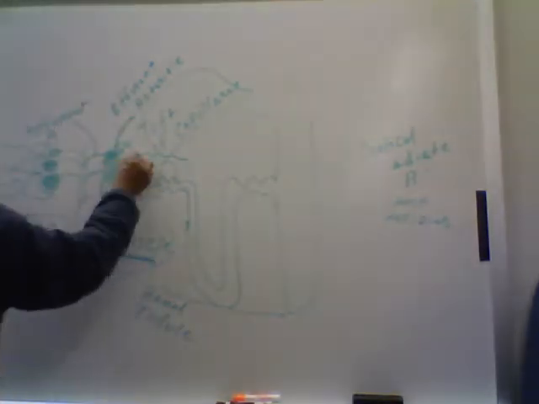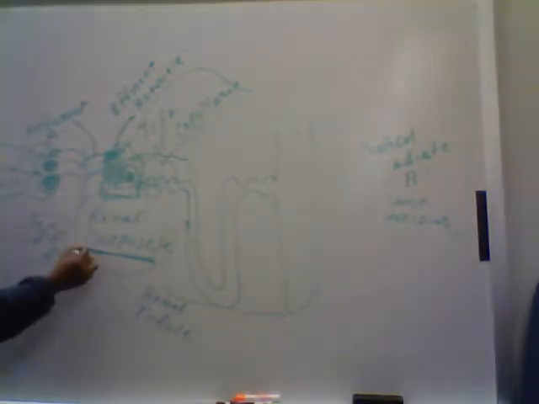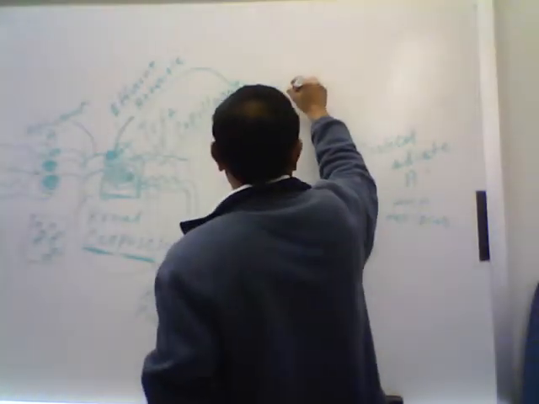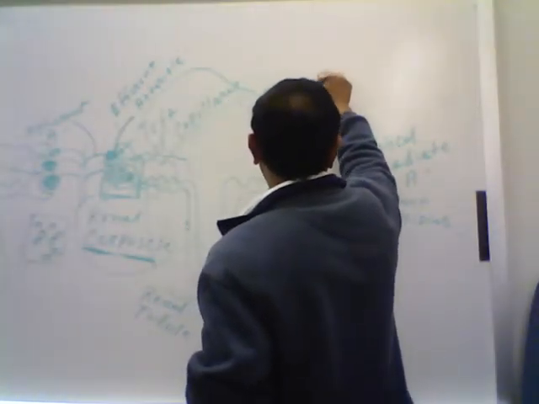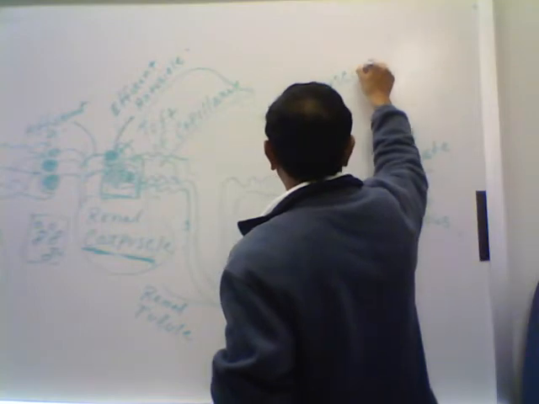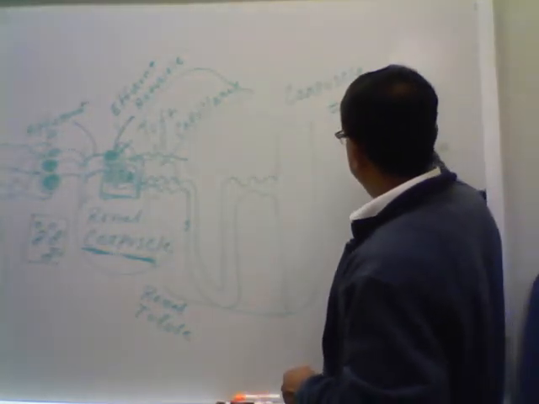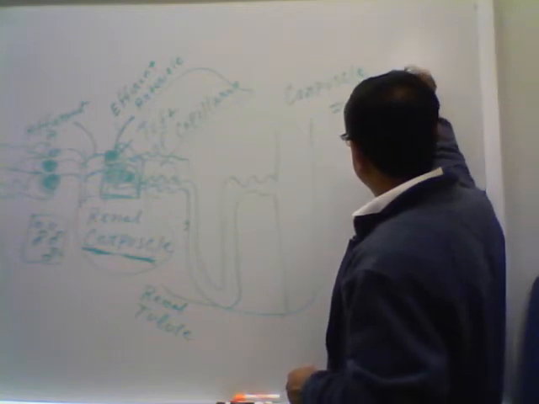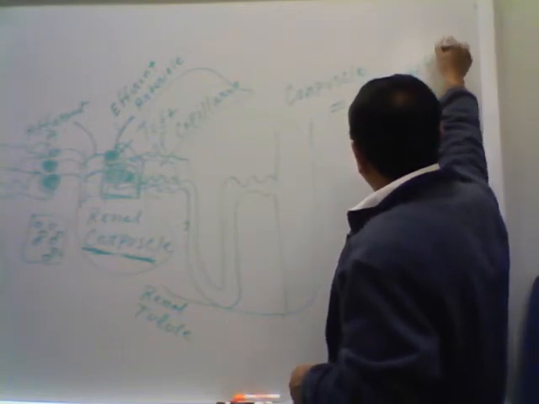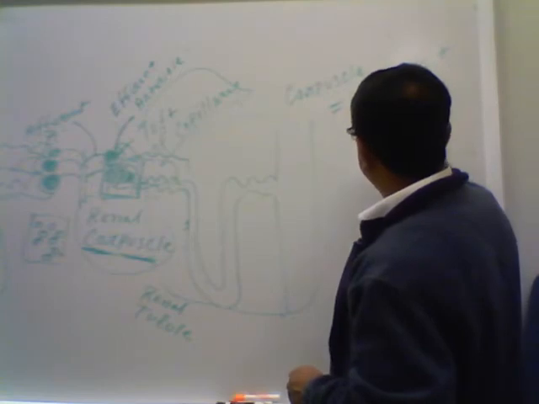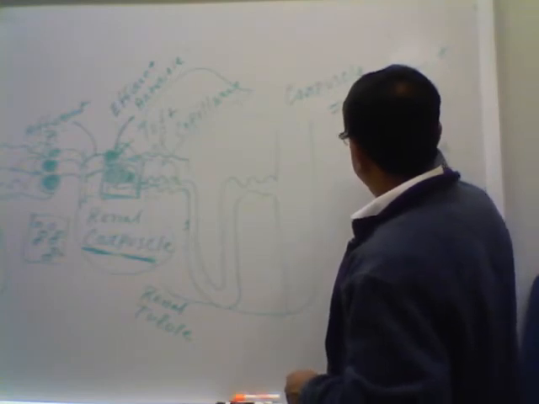So these two parts together form the corpuscle. So renal corpuscle consists of the tuft of capillary, glomerulus, plus glomerular capsule.